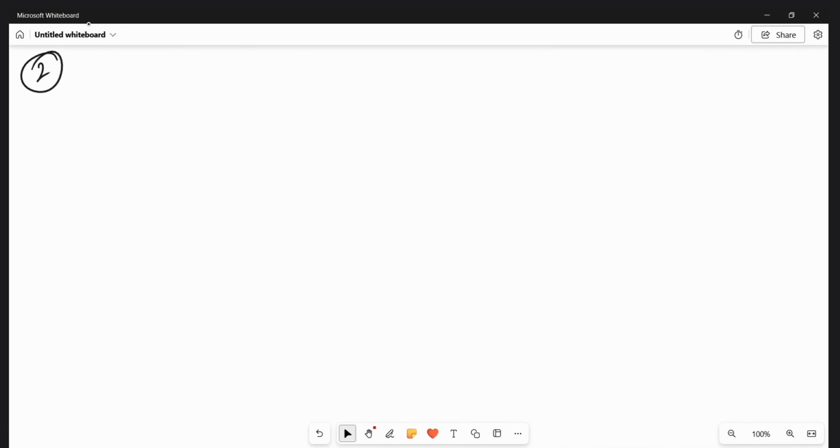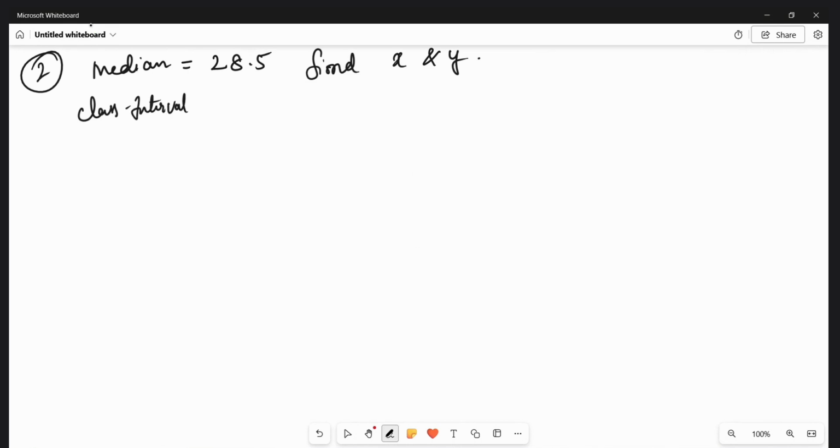Second one, you have to find the values of x and y. The median they have given, write it down, it is 28.5. Find x and y. Class interval and frequency.